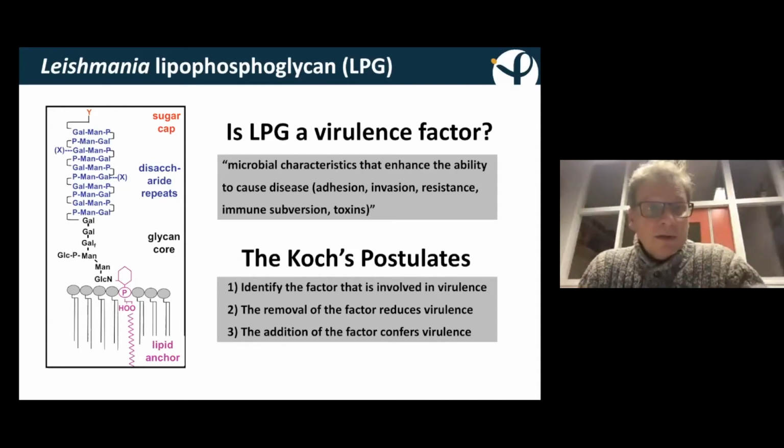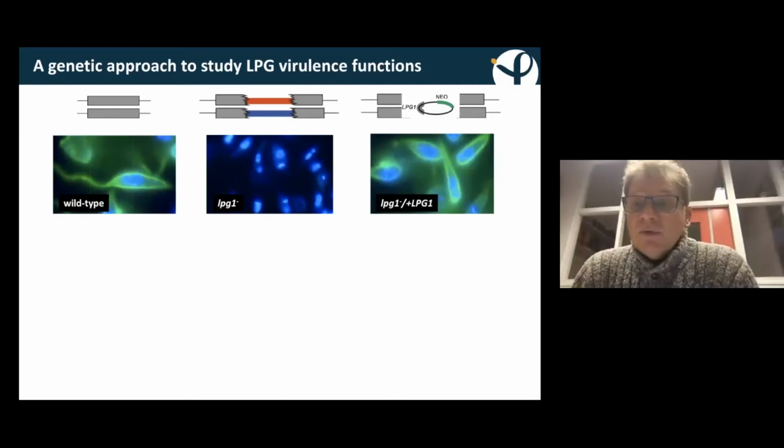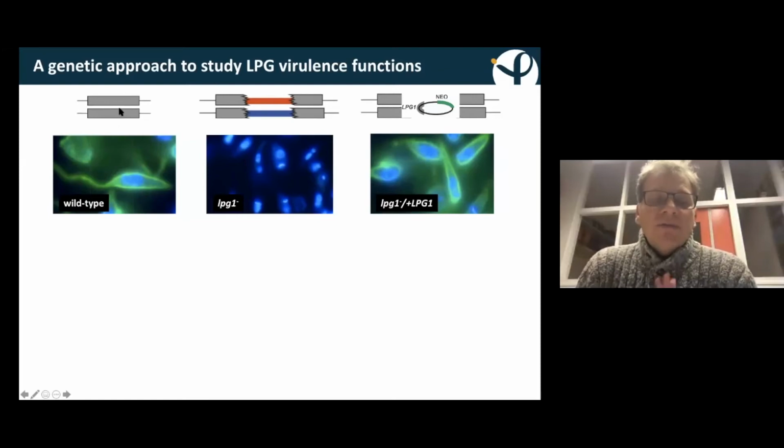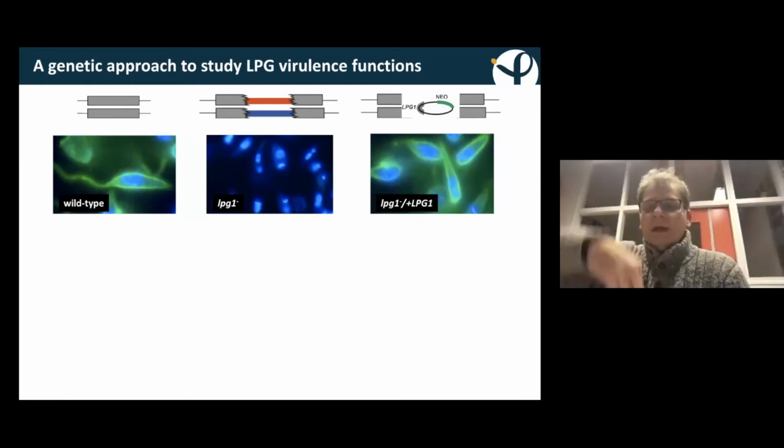So I was interested in investigating whether this long molecule is a virulence factor. And so I used a genetic approach based on homologous recombination, which is just shown up here. I'm not going to go into details, just to tell you that there is a certain gene, which we call LPG1, which is very important for the biosynthesis of the glycolipid.